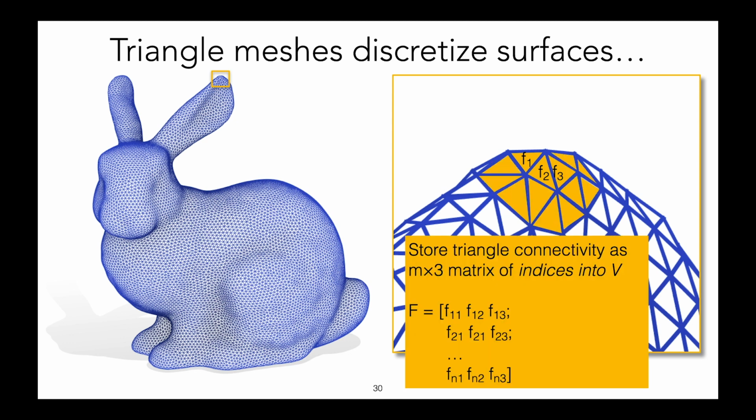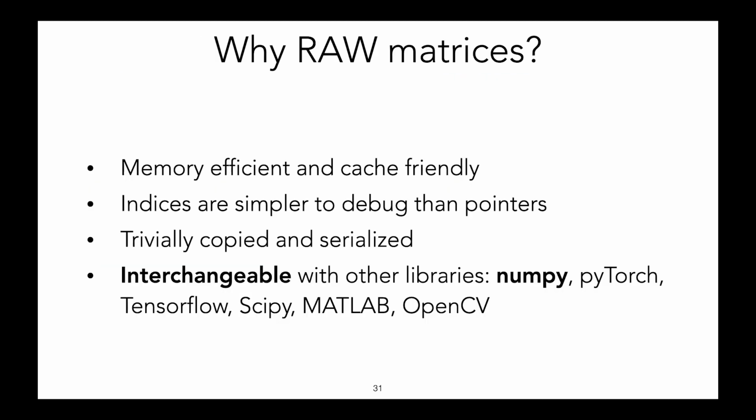Similarly to what we did before, we place all these indices in one single matrix of size m times 3, where m is the number of triangles. We have 3 columns, one for every one of the indices. Now the entire mesh is represented as two matrices, one that stores the coordinates and one that stores the indices into the matrix of coordinates.